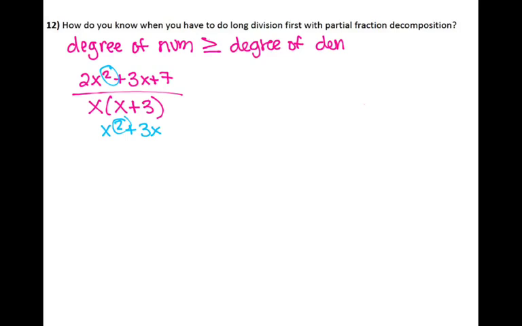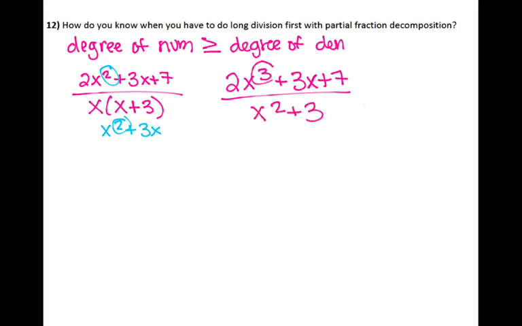Or here's another example. If I had 2x cubed plus 3x plus 7 over x squared plus 3. My degree in my numerator is a 3, degree in the denominator is a 2, so I would have to do long division first.